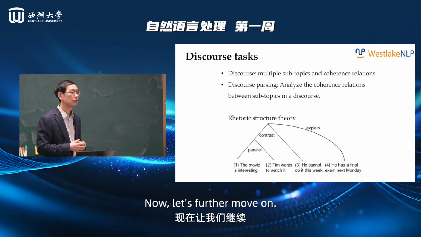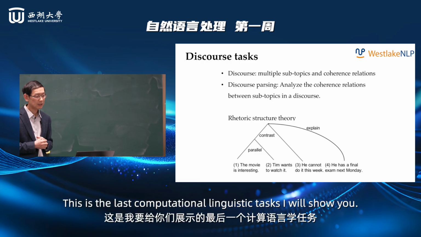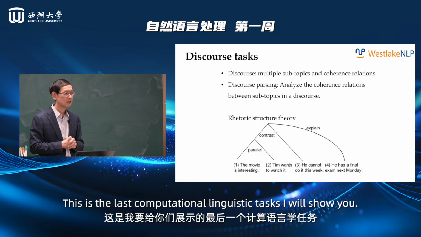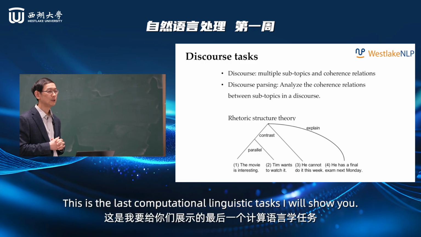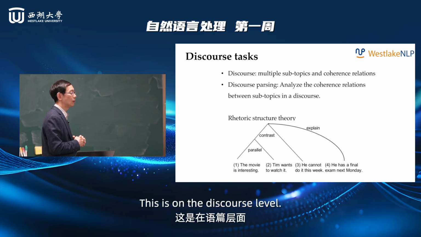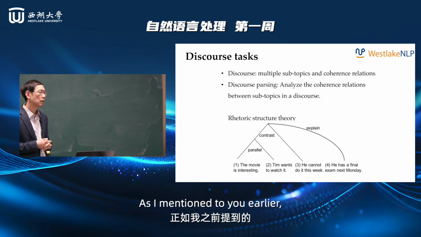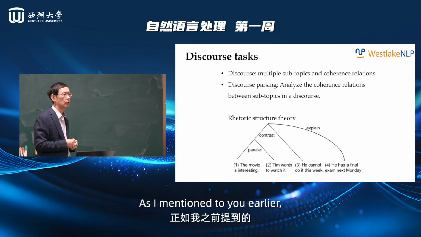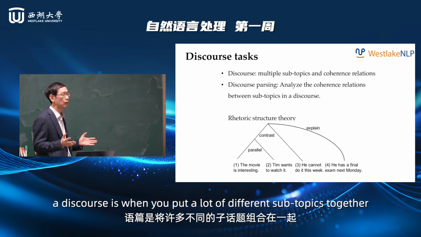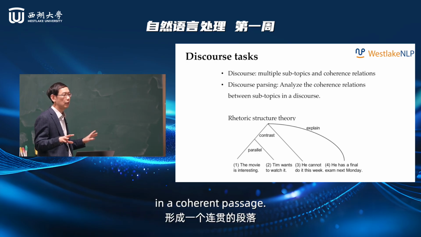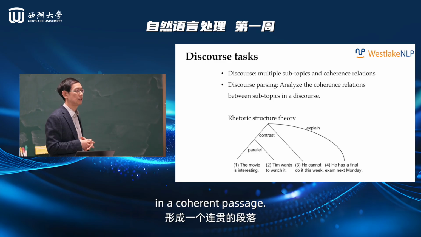Now let's further move on. This is the last computational linguistics task I will show you. This is on the discourse level. As I mentioned to you earlier, a discourse is when you put a lot of different subtopics together in a coherent passage.